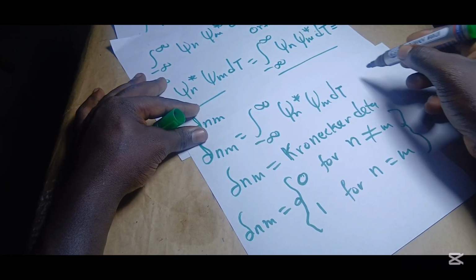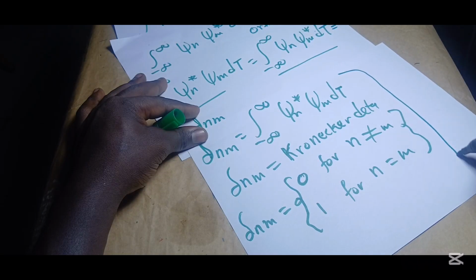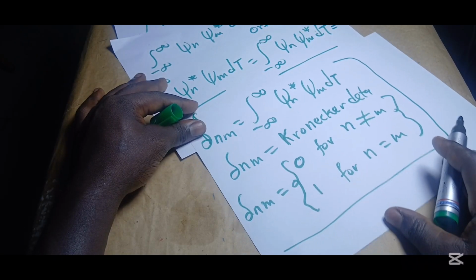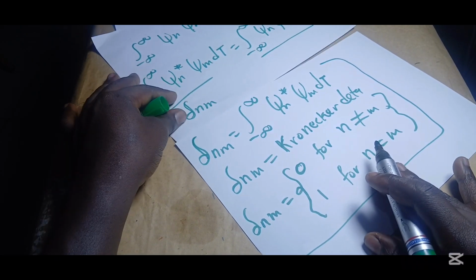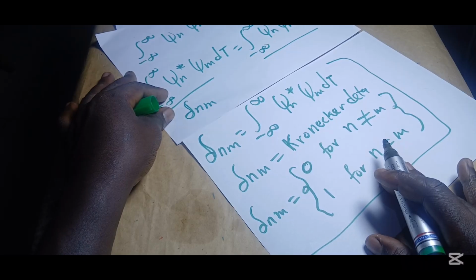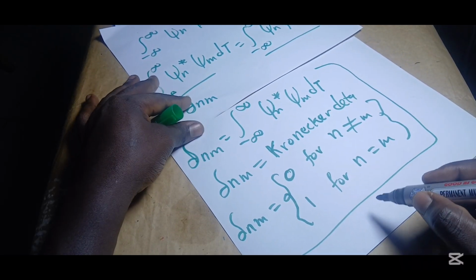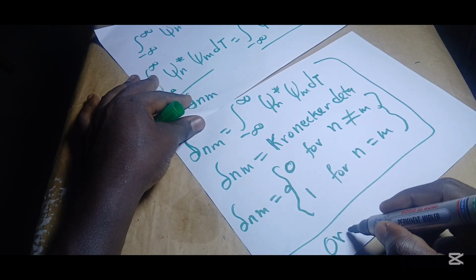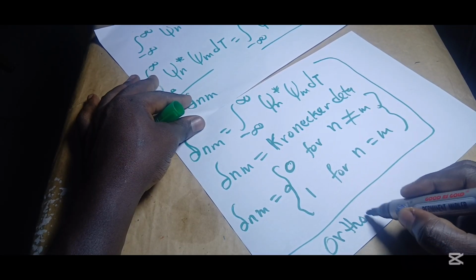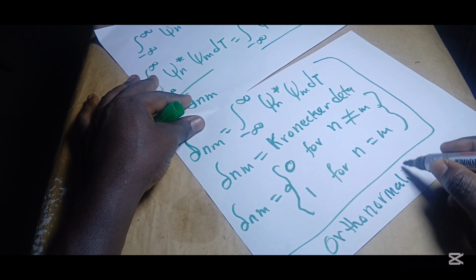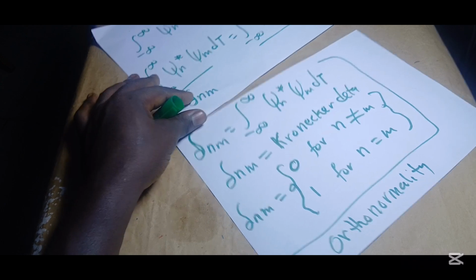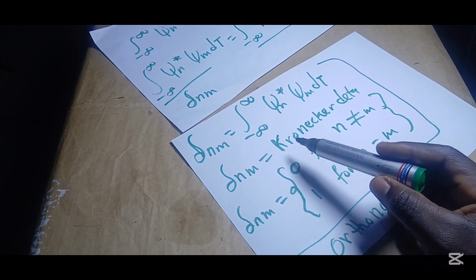We therefore call this orthonormality, because we combine the idea of orthogonality and the normalization concept to arrive at this point. This is known as orthonormality, which is defined by the Kronecker delta.